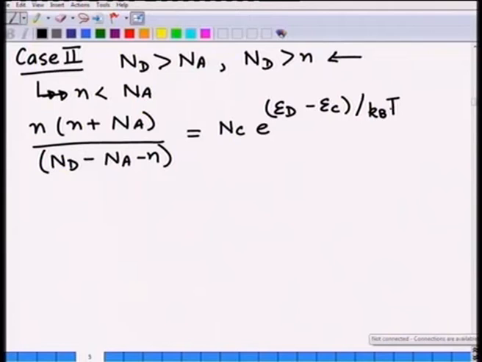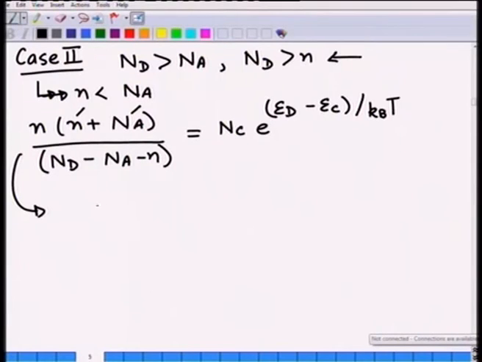Now we are going to make the approximation that N is much smaller than Na, and we will drop this N in favor of Na.